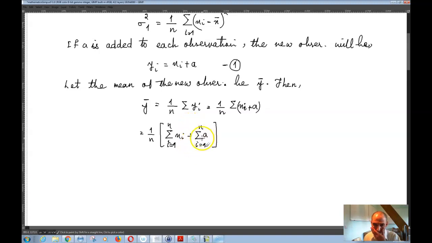And you know that the sum of a is a times n.